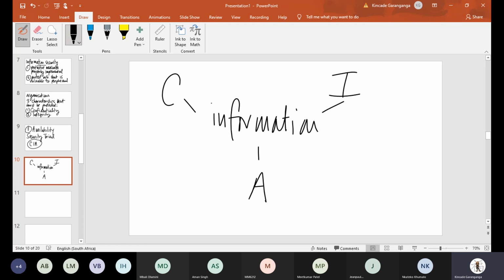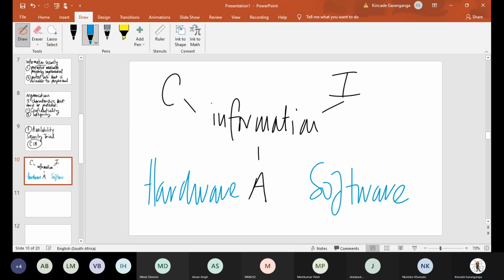As for the setup, here you have your hardware, here you have your software, and on top you have your communication, which I will call comms. So that is the structure.